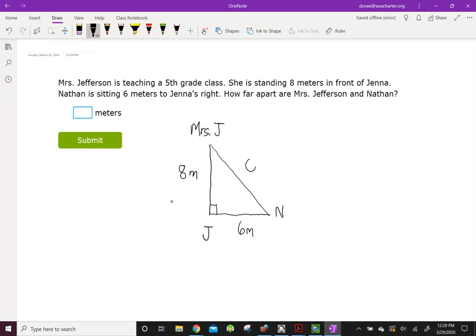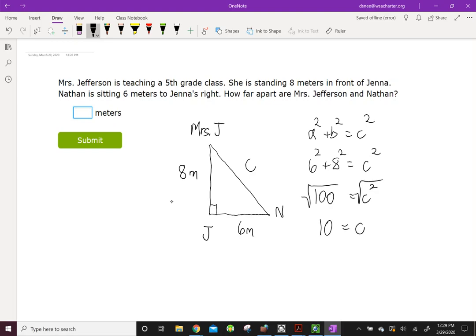Okay, so I have a squared plus b squared equals c squared. So I have 6 squared plus 8 squared equals c squared. So I have 36 plus 64, so I have 100 is equal to c squared. And if I take the square root, I find that 10 equals c.